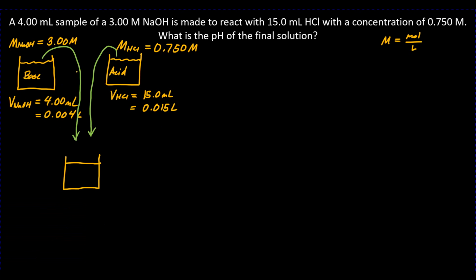When we mix the two, they will occupy a new volume, and that new volume is going to be the sum of these two, which is 19 milliliters. In terms of liters, it's 0.019. Although a reaction immediately occurs, it is best to treat this problem as a step-by-step process, wherein we mix them.